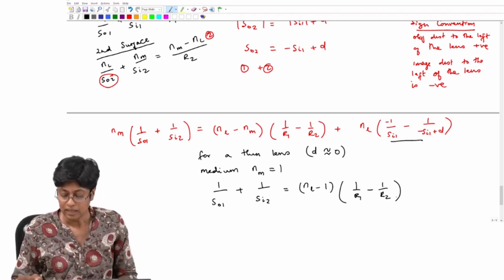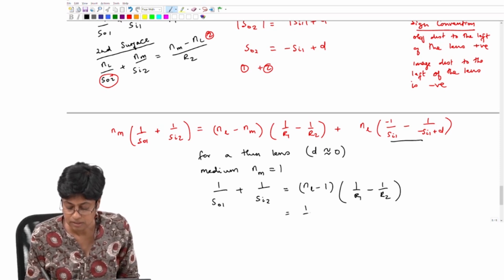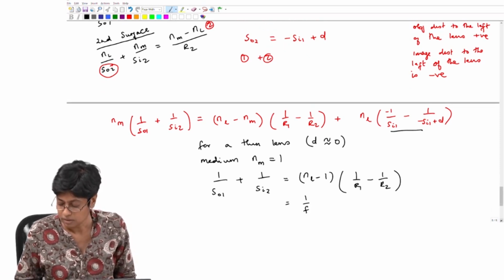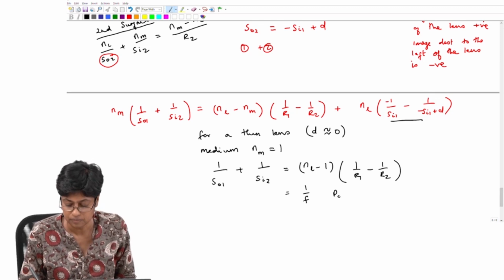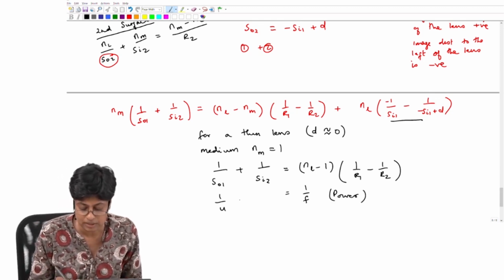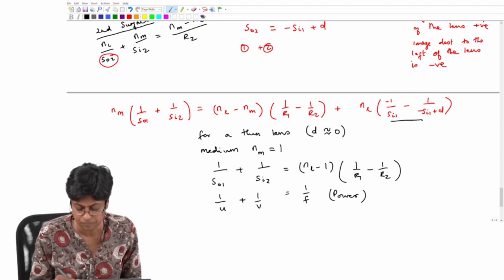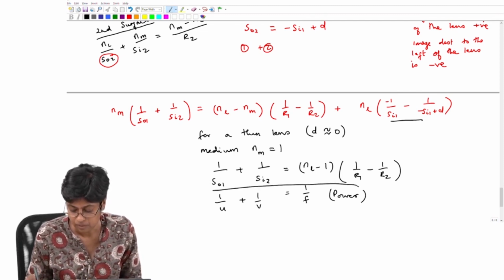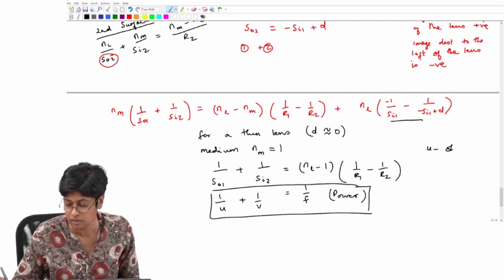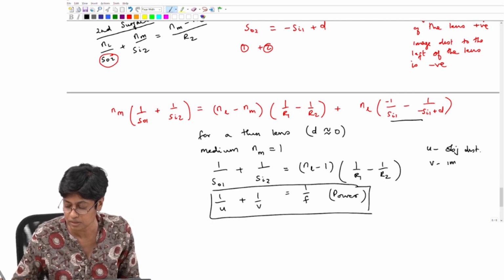Okay. Again, this is called the power of the system, and often you will see it written in this form, where U is used as object distance and V is used as image distance.